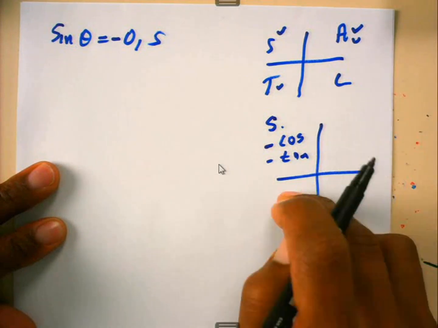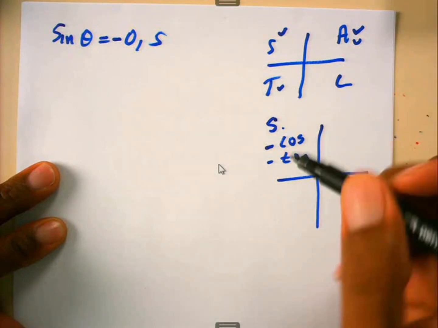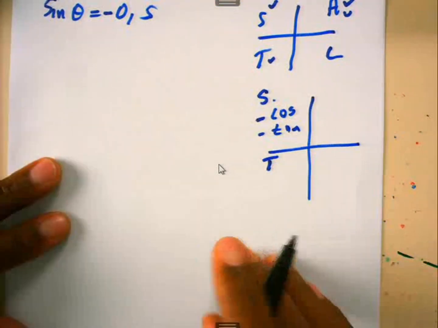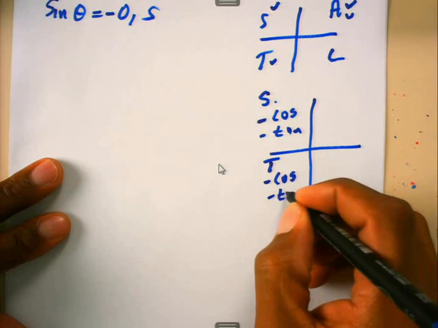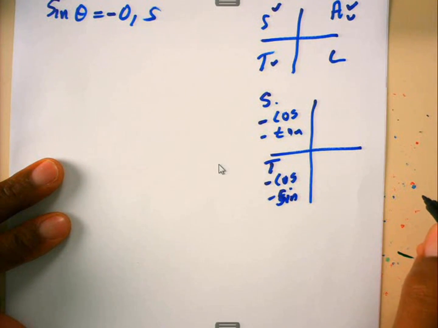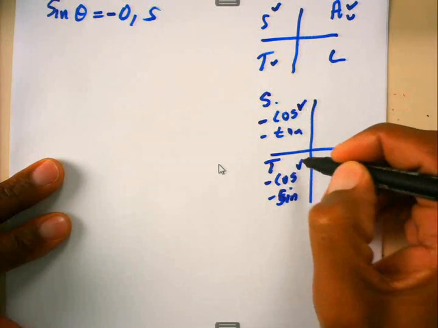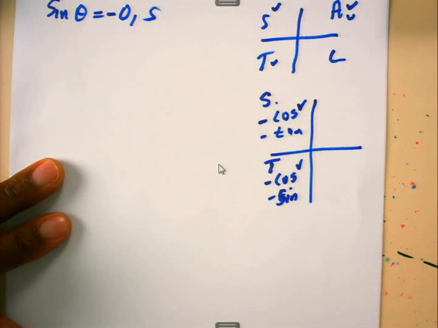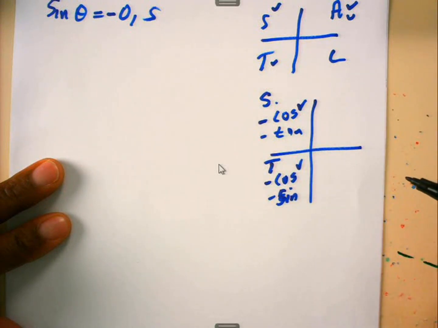In the third quadrant, tangent is positive, and therefore cos is negative and sine is also negative. So cos is negative in two quadrants, the second quadrant as well as the third quadrant.